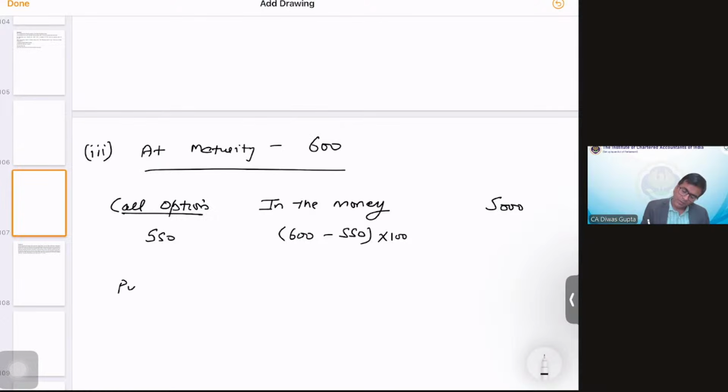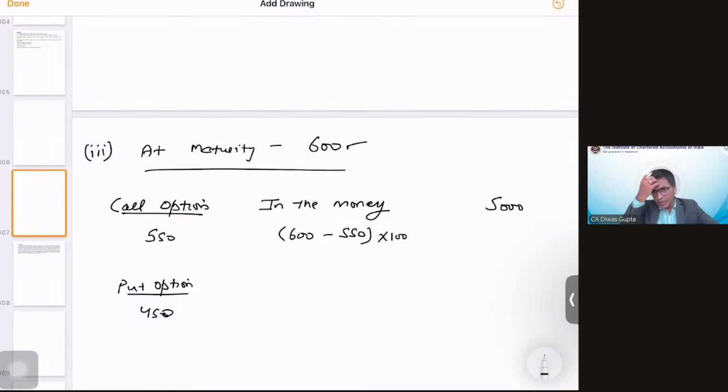So the put option. The strike price is 450. The actual price is higher than the strike price for this put option. Students, will this be out of the money or in the money? Come on, students. No, the actual price is 600 and the strike price is 450.